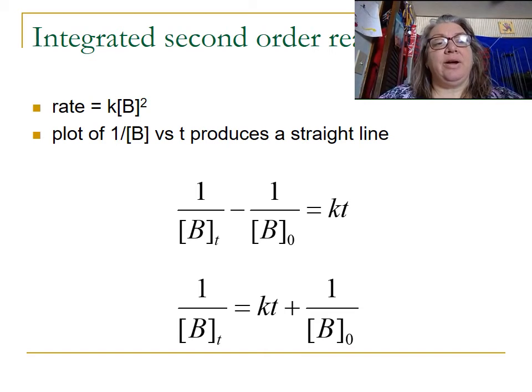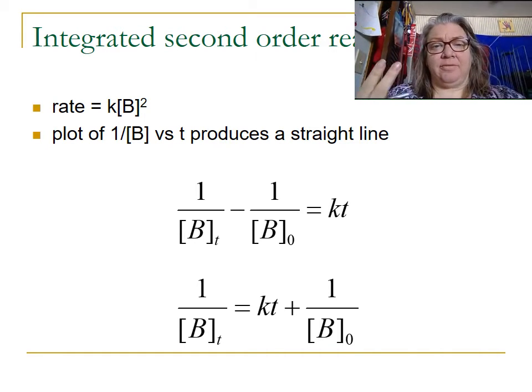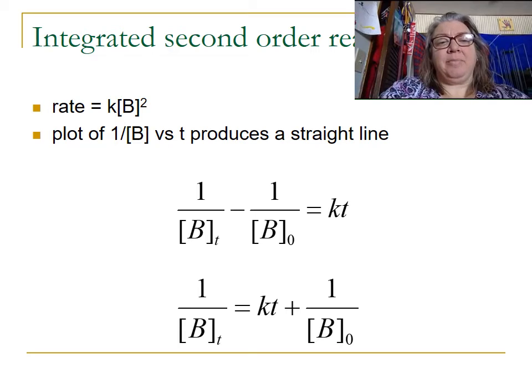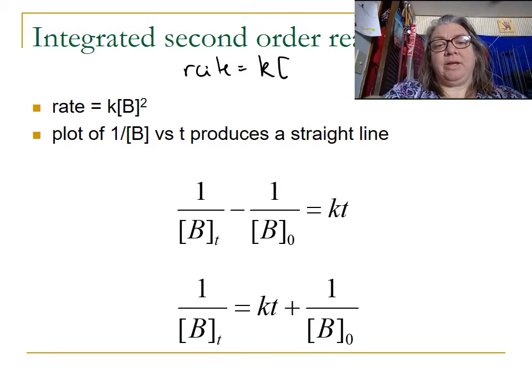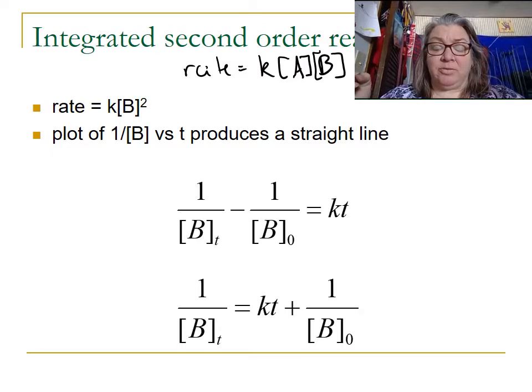All right, so here we are looking at the integrated second order reactions. Now, with second order reactions, we actually have two different possibilities of a type of reaction. It might be one where the rate depends on two different reactants, so maybe A times B, and both of them are first order, so the overall is second order.